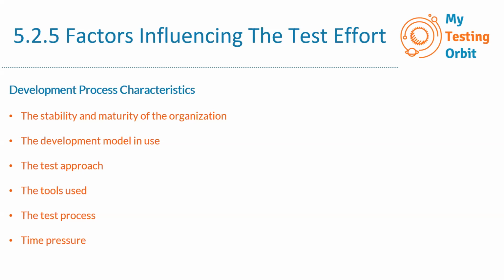If it's a new company, then of course they are still learning as they are doing different things, and there might be no processes in place. And if there are no processes in place, which means that there might be a gap between the way they are doing things and what's expected as an industry standard, which means that they are not very mature and stable in terms of the processes.